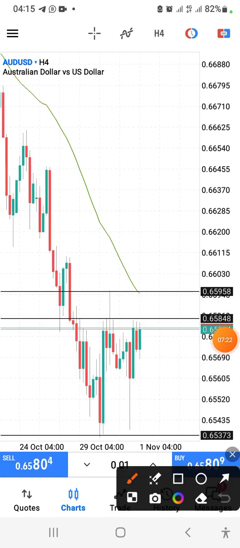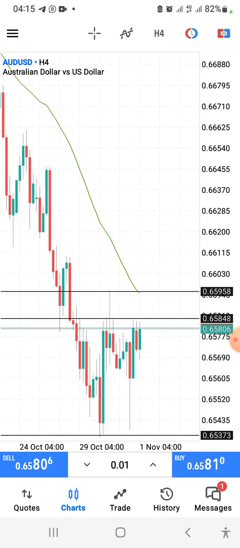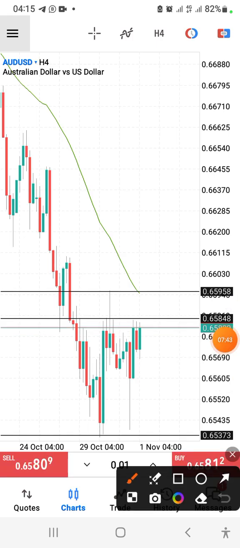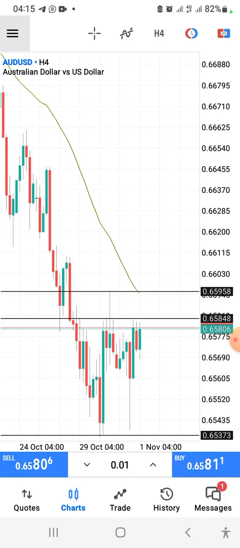Now when the moving average is pointing down like this, you know you are selling. If it's pointing down and the candlesticks are below it, that tells you to sell. But if it's pointing up like this, and the candlesticks are above it, that means you are to buy.